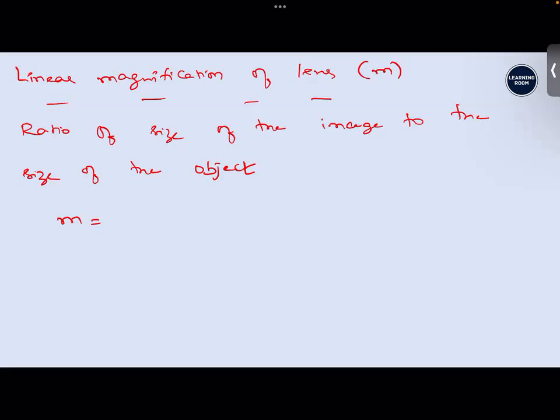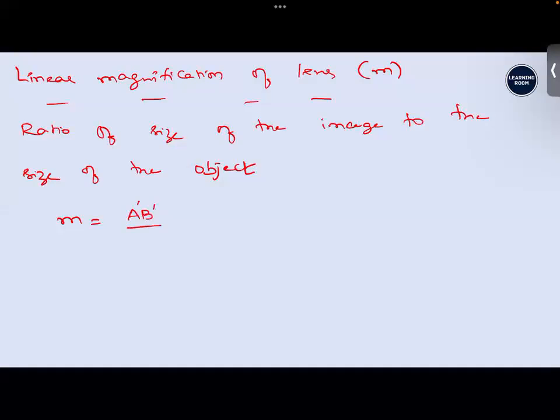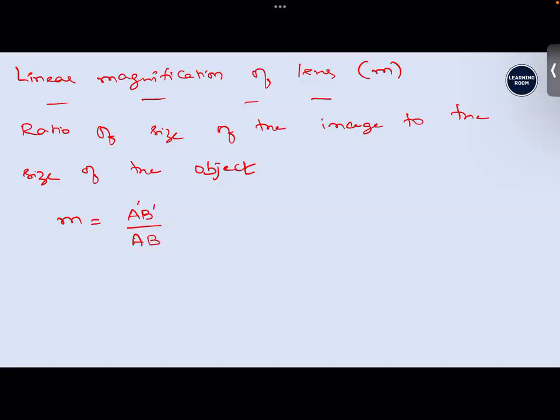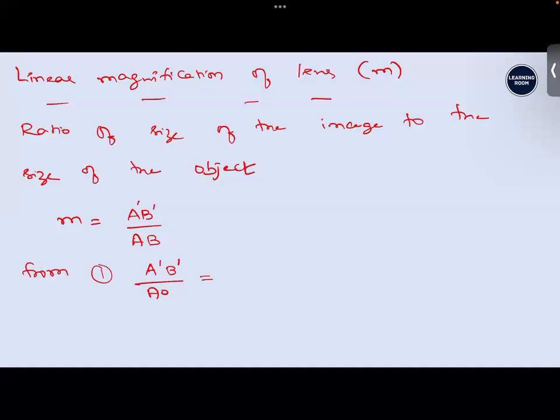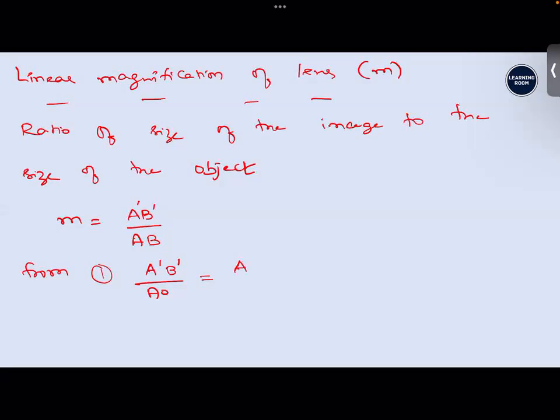So small m will be equal to A dash B dash divided by AB, or I can write it as B dash A dash divided by AB also. Right? But observe from the diagram and from equation number 1. If you observe equation number 1, which you have written down, A dash B dash divided by AB is equal to A dash O divided by AO.